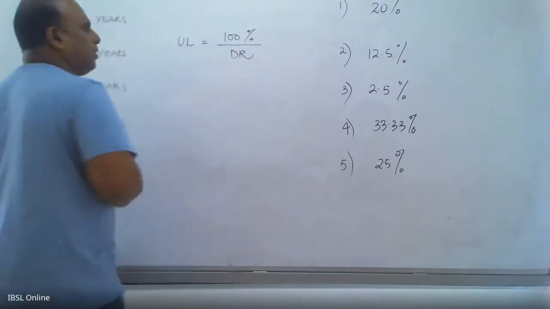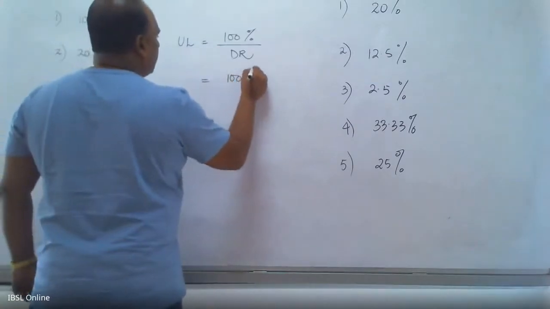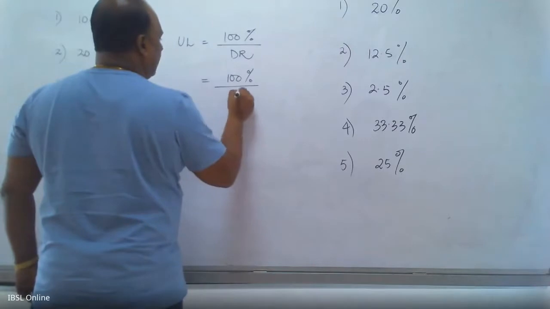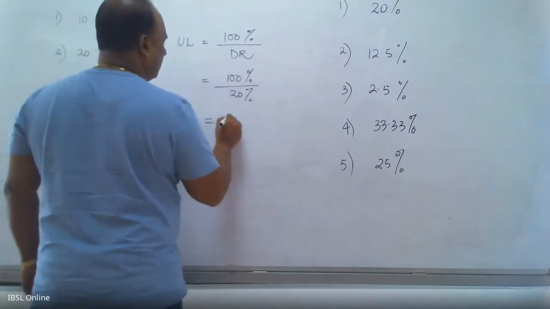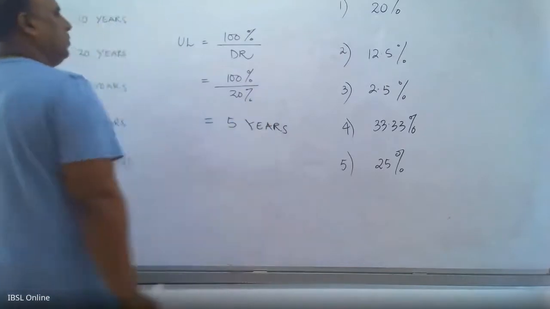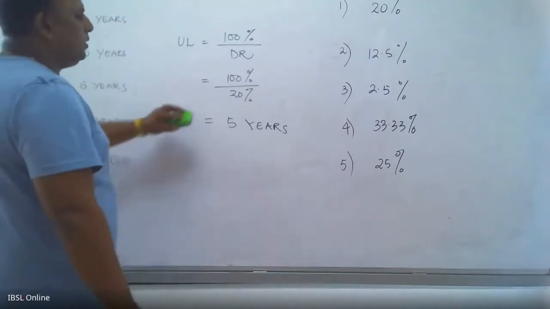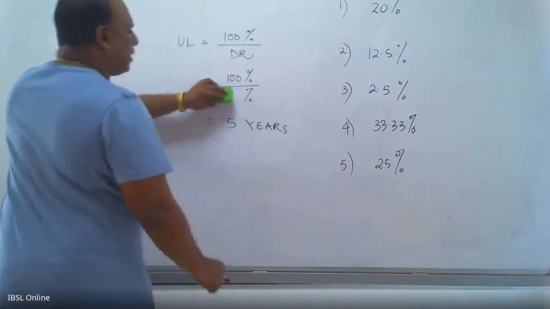So this is the formula. When you look at the first one, 100% divided by 20%, you get 5 years. Then it's a matter of replacing the numbers.